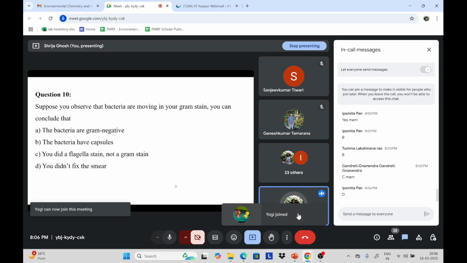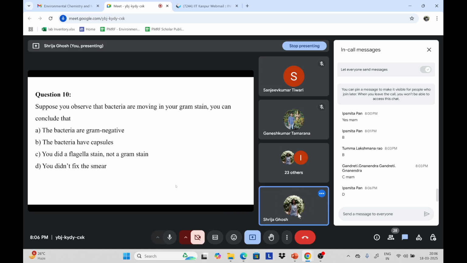What do you think would be the correct answer? Okay, we have two answers in the chat box already, option C and option D. What about others? Anyone else wants to answer?